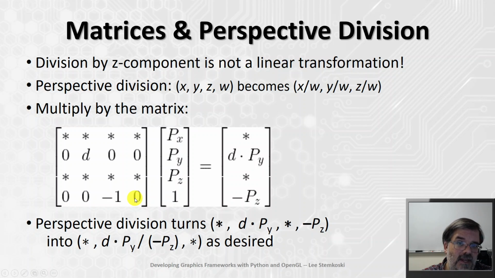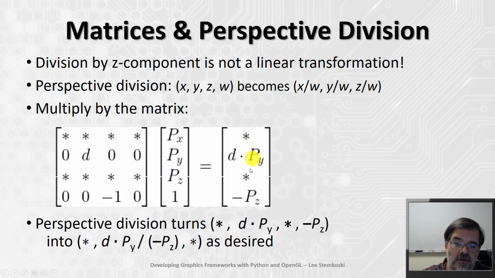But for the perspective transformation, we want to divide by the z component. Technically, we want to divide by the negative of the z component. So we'll use this last row to effectively move the z component into the w position. And so if we use this matrix here and multiply it by the point in our frustum, we're going to get this point.